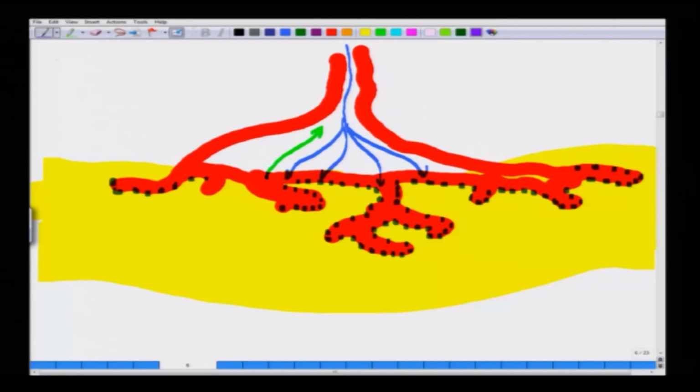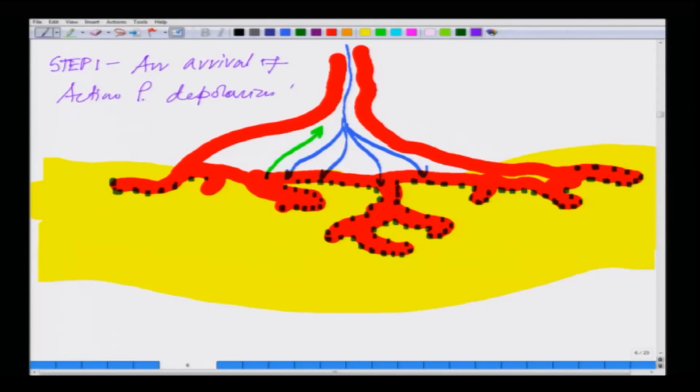So, step 1 of this game is the arrival of the action potential, I am just putting P for potential, which basically depolarizes the synaptic knobs.